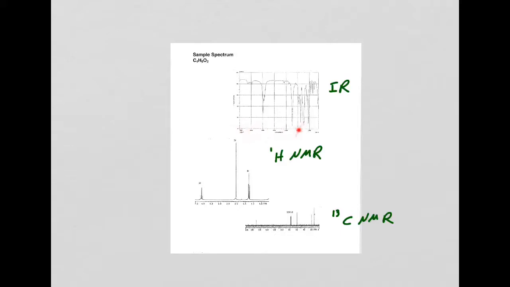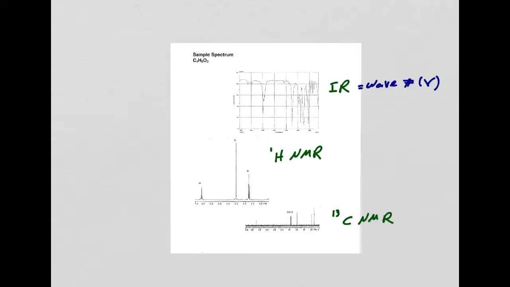When you look at the IR, you know what an IR spectrum looks like. And for IR, you use wave number. Wave number is what you use for IR to say what the peaks are, to figure out what we have.